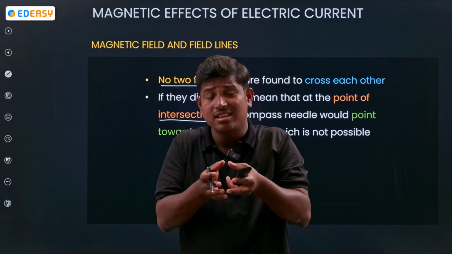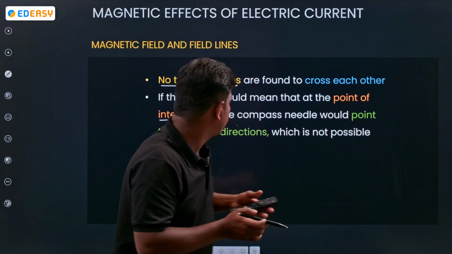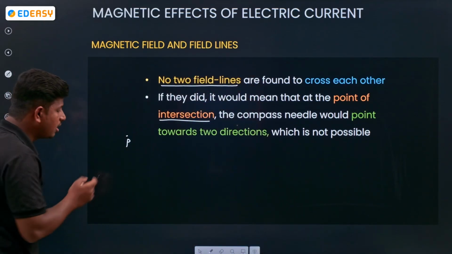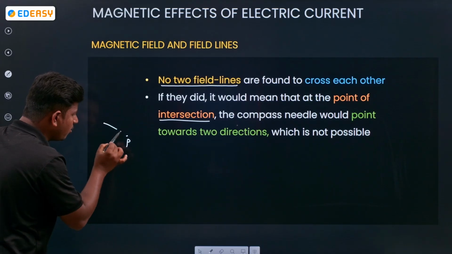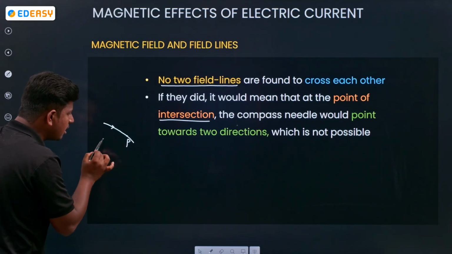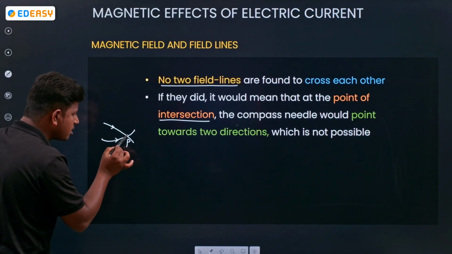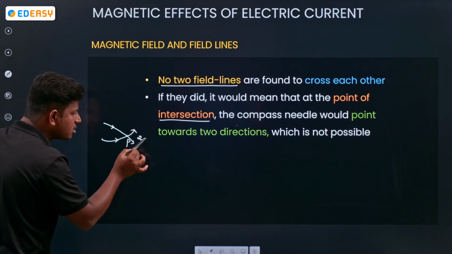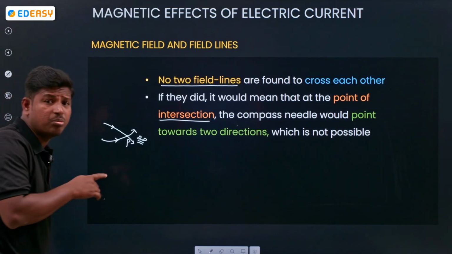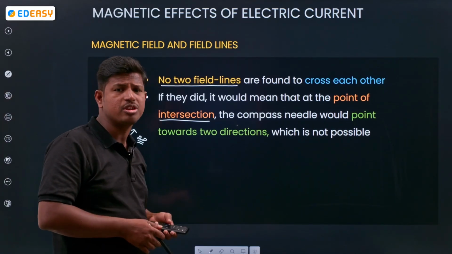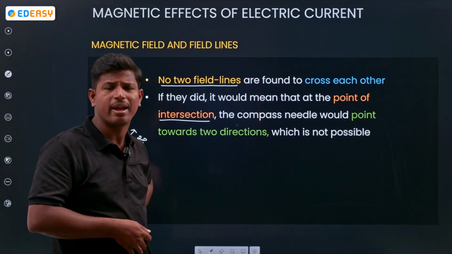If these field lines intersect, let us take a point P. One line is coming like this, another line is coming like this. If these two intersect at this point, how will the directions be? Two directions at that particular point. Is it possible to have two directions in a magnetic field line?